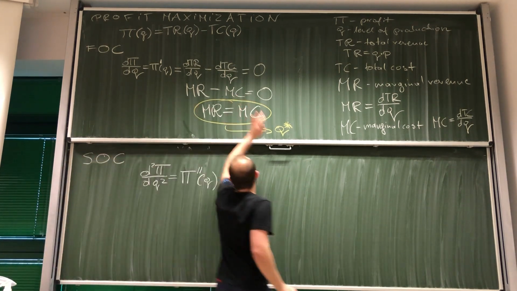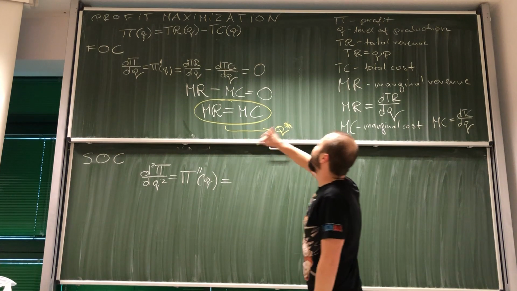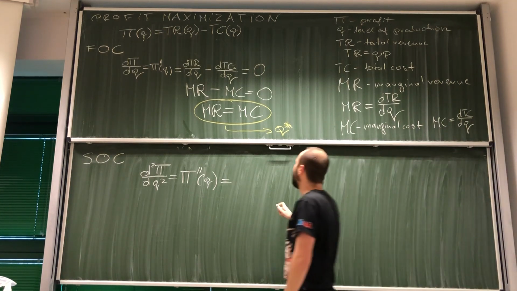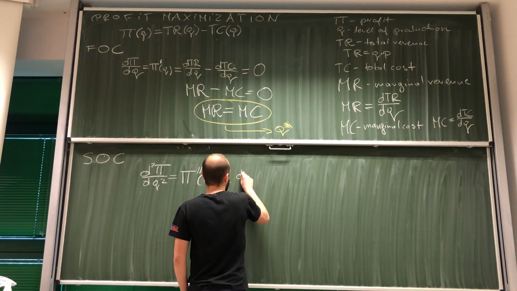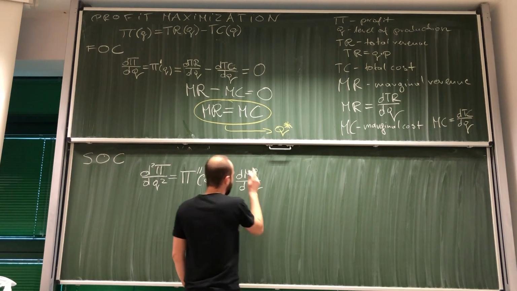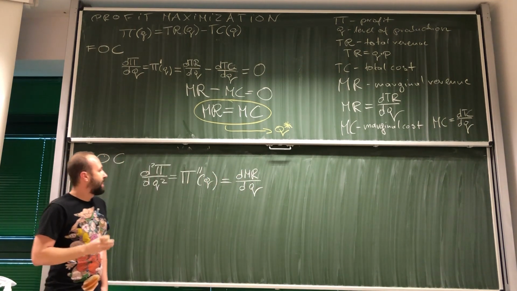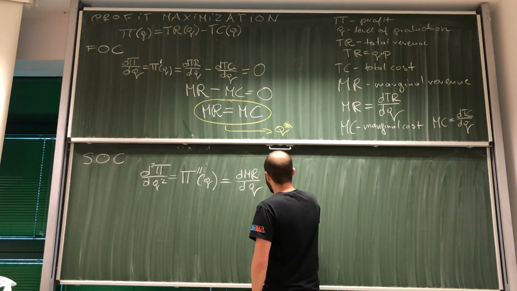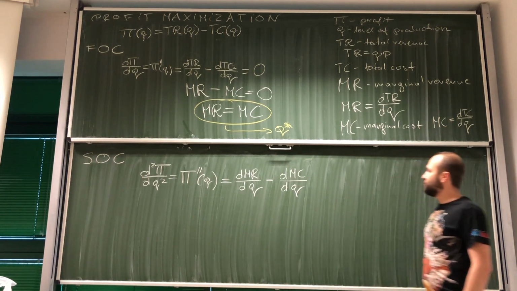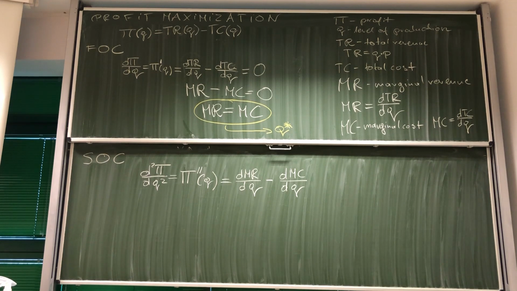Okay, and now we need to just differentiate those expressions. Actually, because we do not have a specific form of the function, we have just the general form, all we can get here is dMR dq, so the derivative of marginal revenue, minus the derivative of marginal cost with respect to quantity.